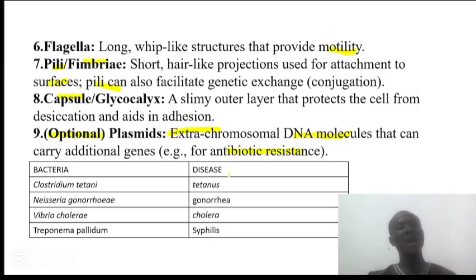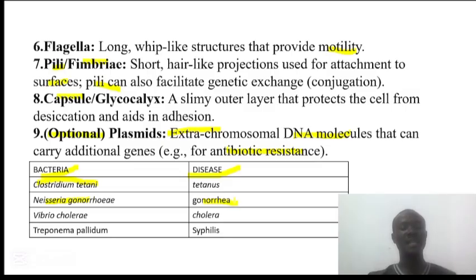So below here we also have bacteria and the diseases that these bacteria cause. We have one, Clostridium tetani. Make sure you know this spelling correctly. If not, you will not earn any mark. And we have Neisseria gonorrhoeae, which causes gonorrhea.